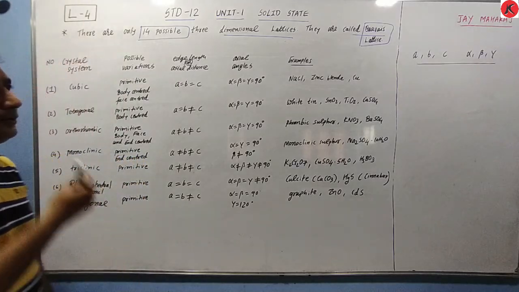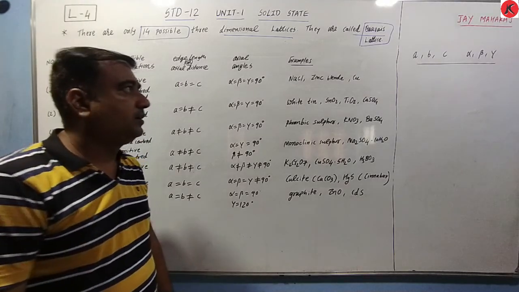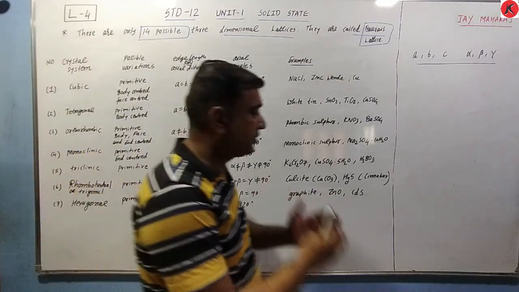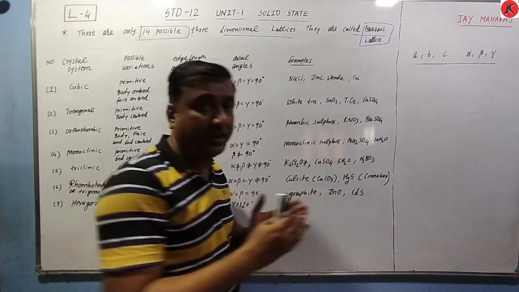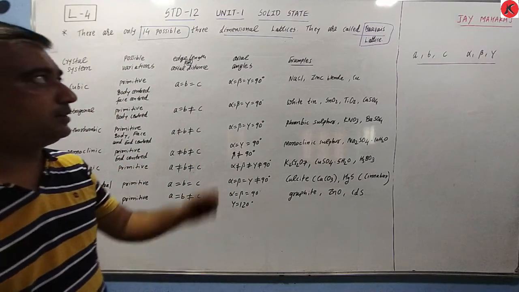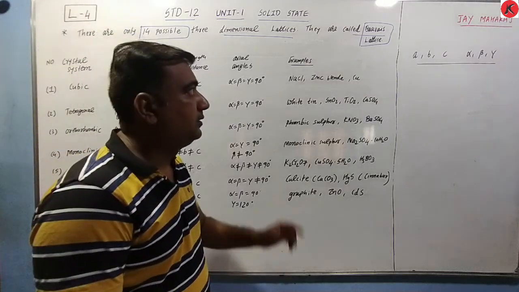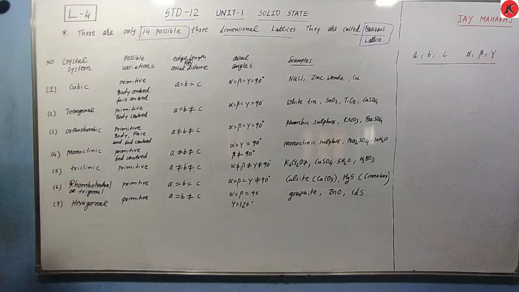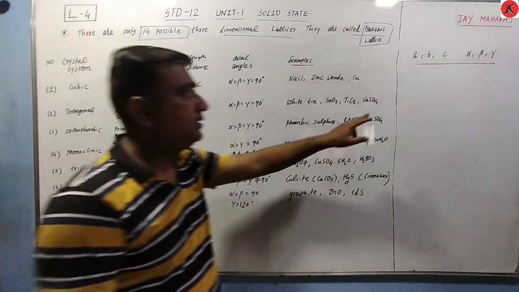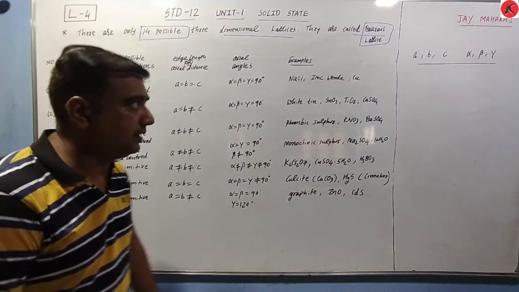So we have to derive the 14 Bravais lattices. Before that, we study the various crystal systems, and later on we derive the 14 types of Bravais lattice. Now, a unit cell can be characterized by these 6 parameters: a, b, c, and alpha, beta, and gamma.